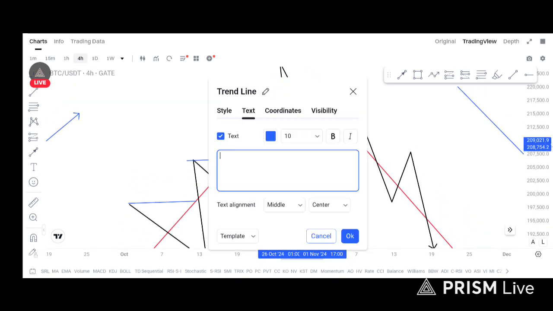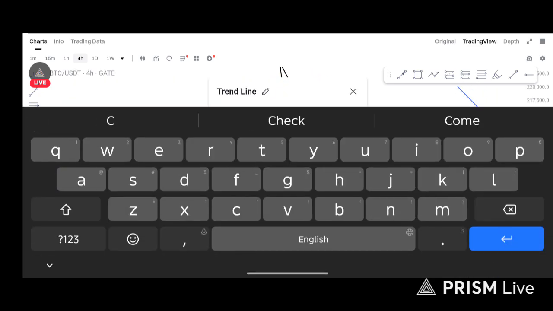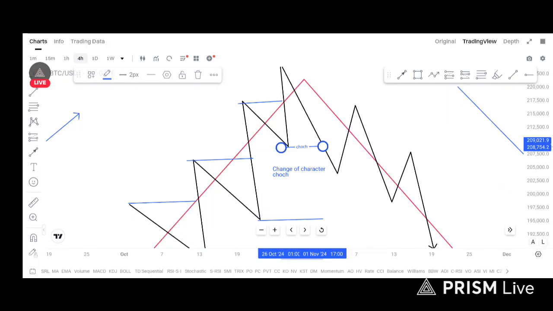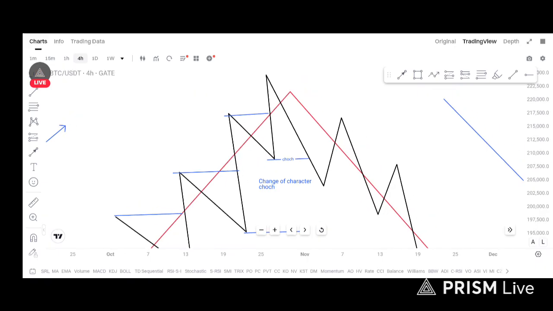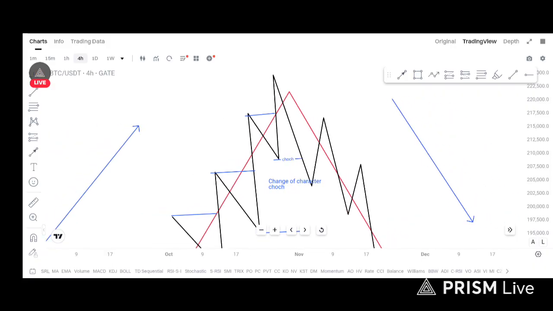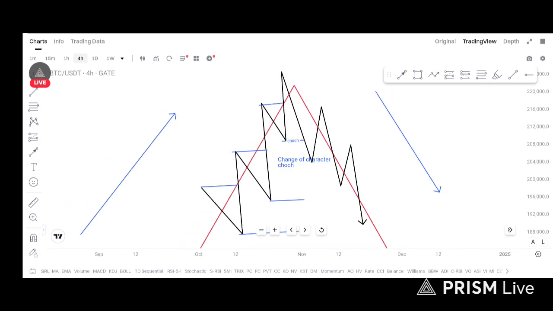So let me quickly do this. That's a CHoCH. So when market CHoCHes, that means there is possibility that a continuation phase is over. How do you know when a continuation phase is over? When market is moving to the upside.